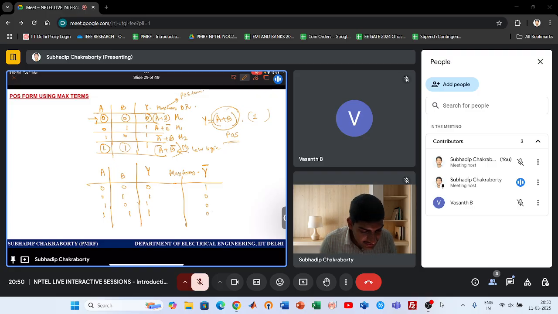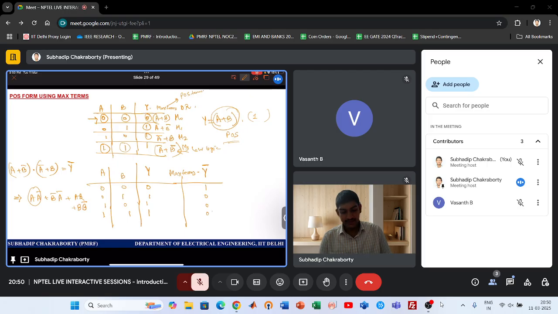Just see one thing, if you would have taken the high terms, a plus b bar times a bar plus b to form the function, that would have been y bar. How? Just see what it will give you: a bar plus b bar, a bar plus a b plus b bar.